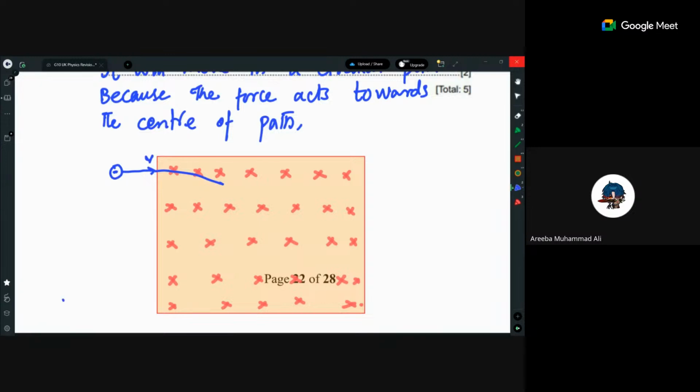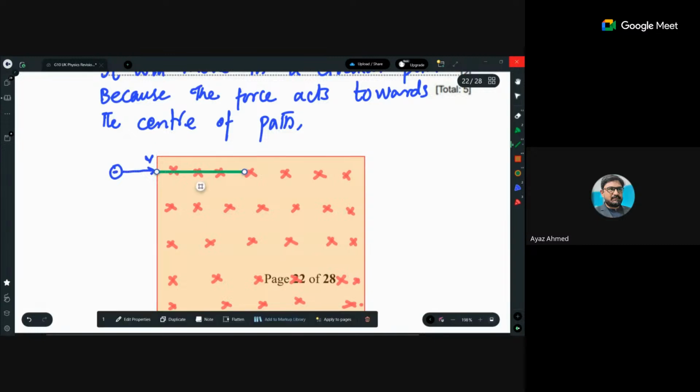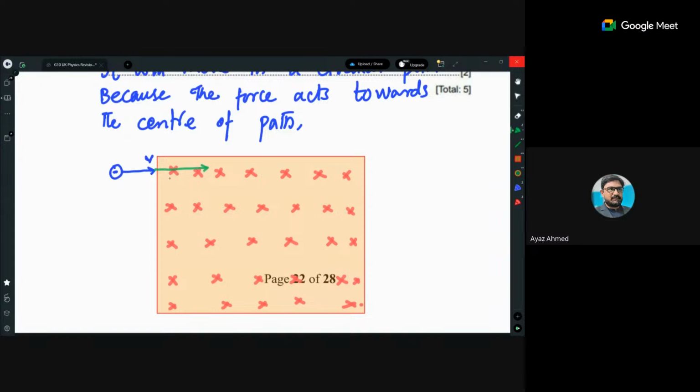Yes. So when it moves a little bit forward, its actual path is this way. I will draw both of these lines with its actual path. Because the force is acting downward, this is its motion, and this is the force acting on it.